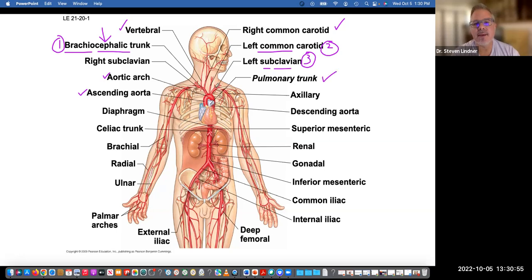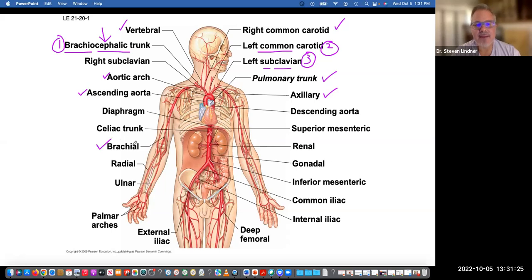If we look at the left subclavian artery, it will lead into the axillary artery, which is in the armpit. Then if we follow the axillary down, it's going to come down into the arm, eventually become the brachial artery, which we see on the reading left.